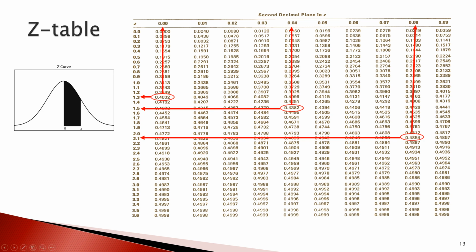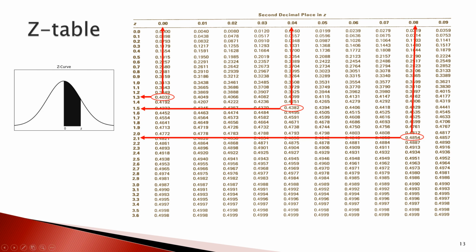Let's look at this one. This is the z-score for 1.3. So z is here. That means the area from 0 to 1.3 is 0.4032. This is how we interpret that. That's very important.